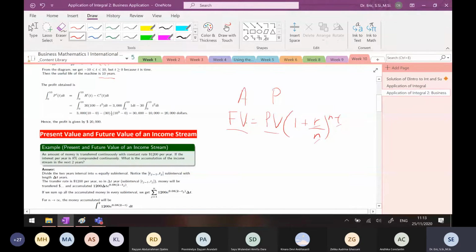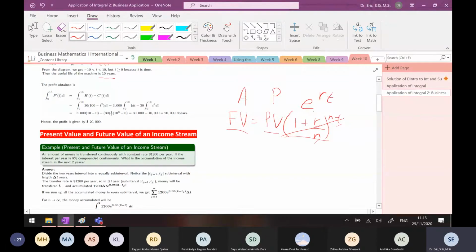But don't forget, we also have the future value when the interest is compounded continuously. This is changed to e to the power of rt, if you remember.